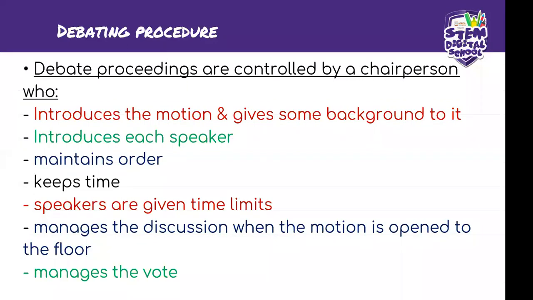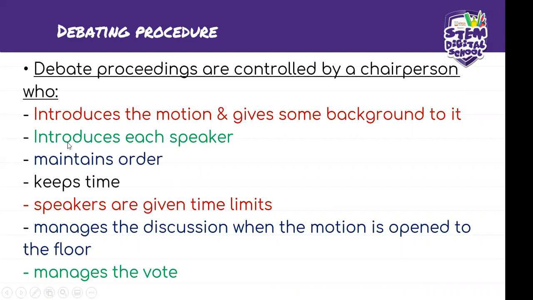And when you understand that it is an action movie and you love action movies, then it will really spike your interest. You will really want to watch that movie. So it is the same here when the chairperson introduces the motion and gives background knowledge to it. It is a way of getting people interested, getting people's attention, and making sure that no one is left behind.